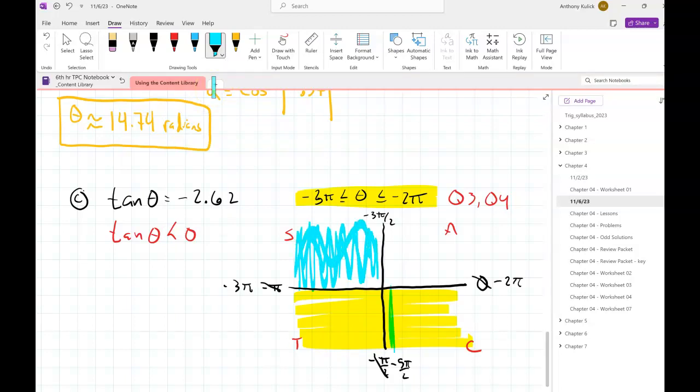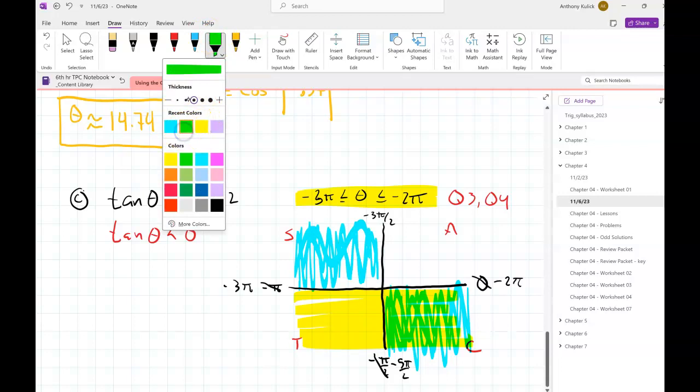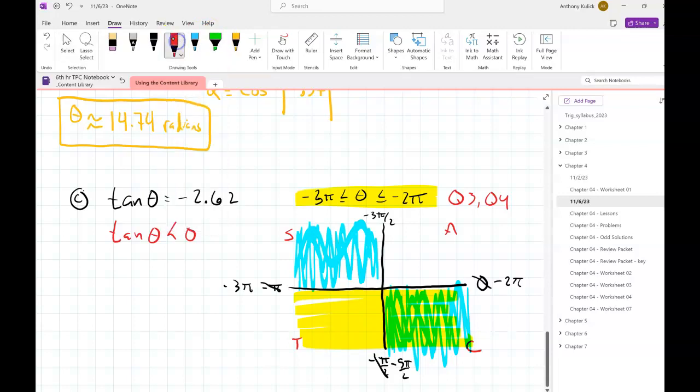So quadrant 2, and then quadrant 4. So where is our answer got to be? Quadrant 4. So let's go ahead and draw our angle. Again, we're going clockwise because it's a negative angle. So negative 2 pi, and there, yes, sir.